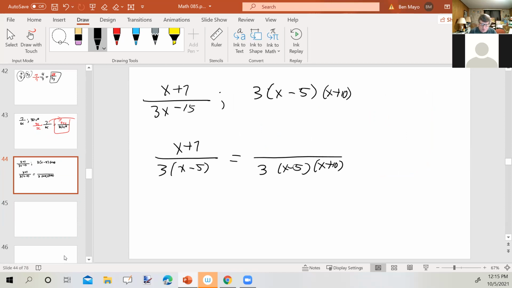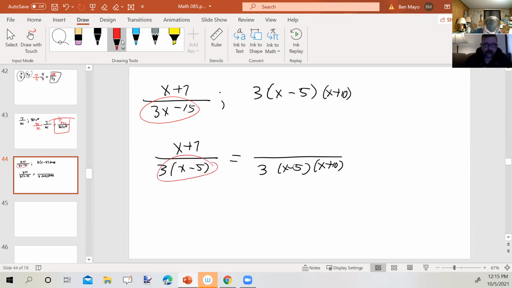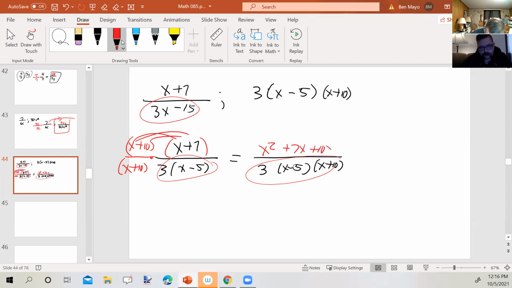Notice what I did. I took this and I factored it. So now, how do I get from here to here? What am I missing? Oh, I'm missing a factor of x plus 10. So my new numerator has to be x plus 10 times x plus 7, which is going to be x squared plus 7x plus 10x plus 70.